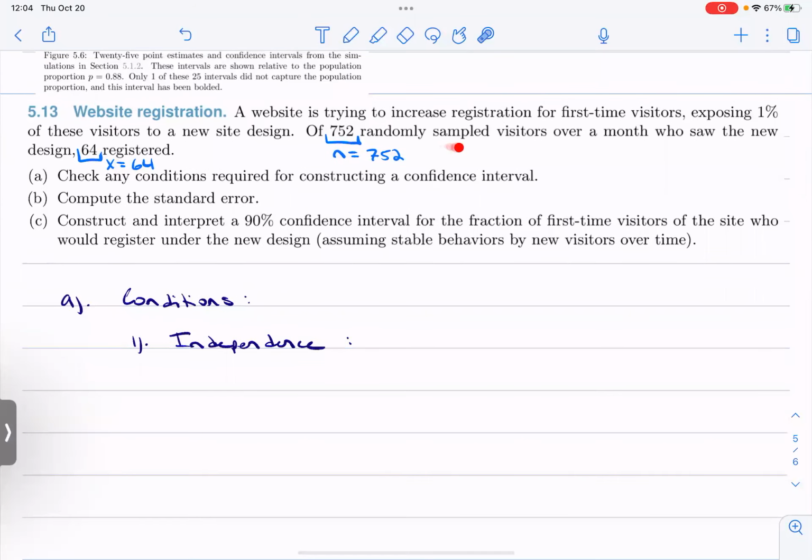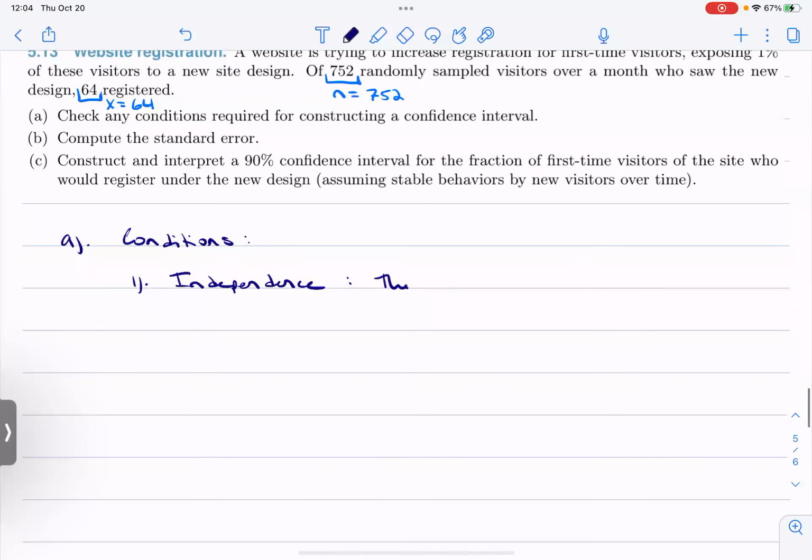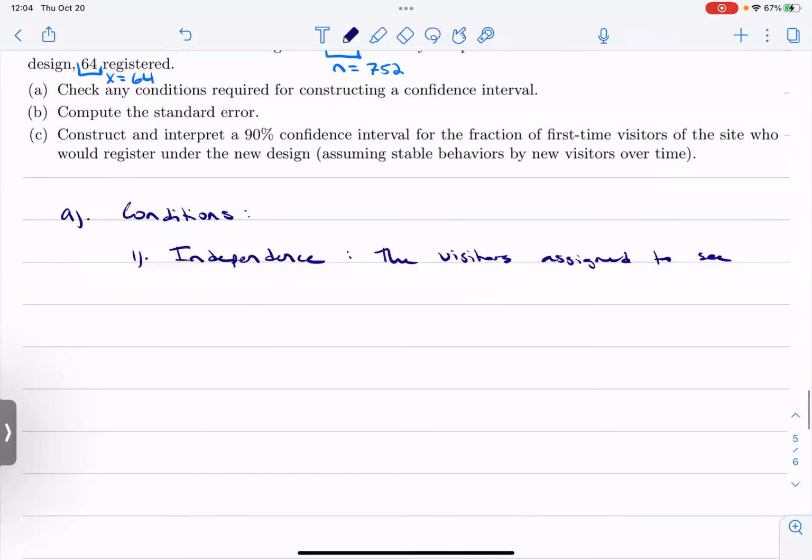The visitors assigned to see the new design were randomly sampled.